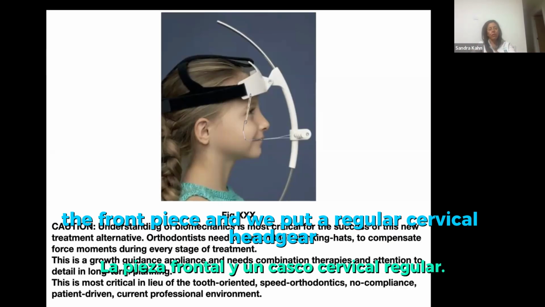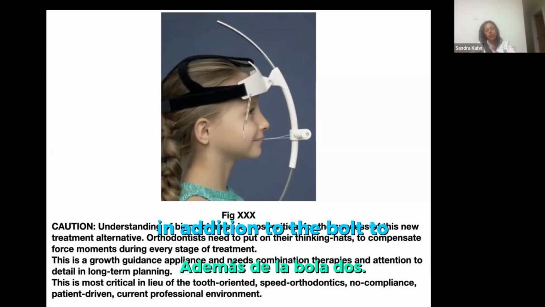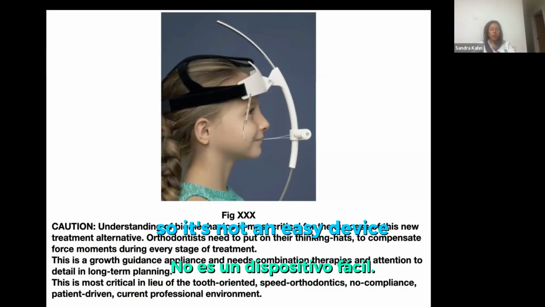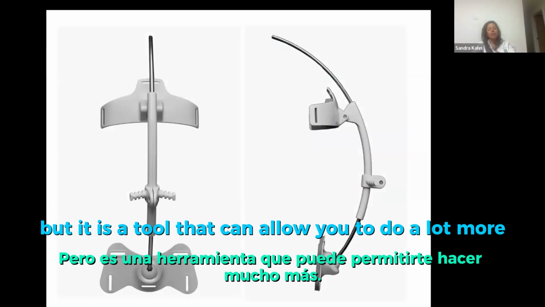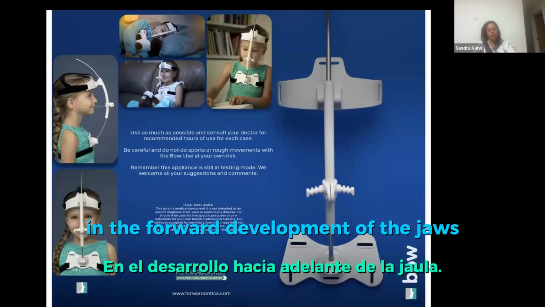Here we took the front piece and we put regular cervical headgear. We bent it up, and we had the patient use this in addition to the bow to maintain and get as much horizontal growth as possible. So it's not an easy device, but it is a tool that can allow you to do a lot more with your patients in the forward development of the jaws.